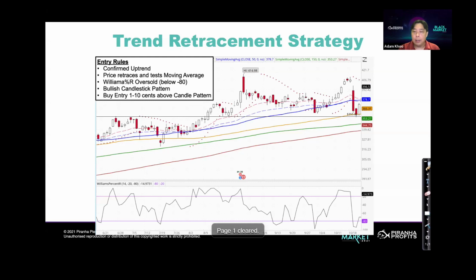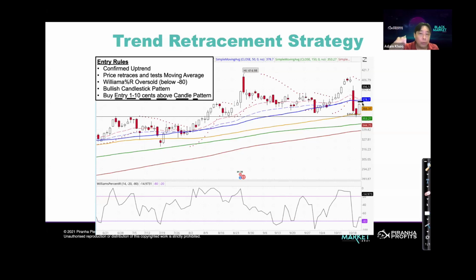So you can see here, I put my entry order 1 to 10 cents above the candle pattern. Now it depends on the stock price. Like this stock price is $300, so I'll use probably 10 cent or 20 cent. I'll place my buy order about 10 cent above the high of this bullish candle. Why do I put the buy order above the high?